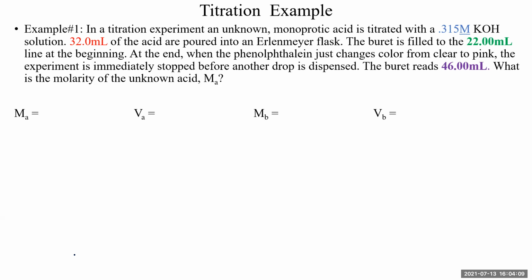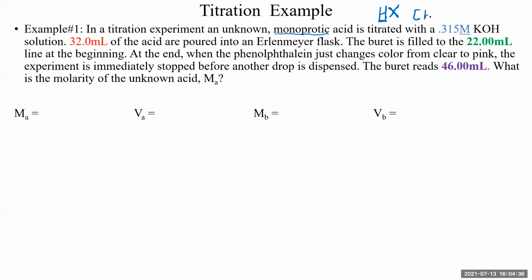So in a titration experiment, an unknown monoprotic acid. We don't know the identity of the acid, but we do know the one most important thing: it is monoprotic. That means we have only one hydrogen attached to this acid. It's not going to donate more than that. So for that reason, the molarity of the compound equals the molarity of hydrogen ion.